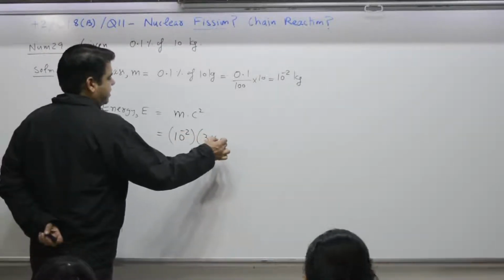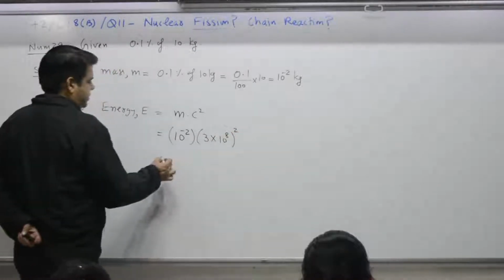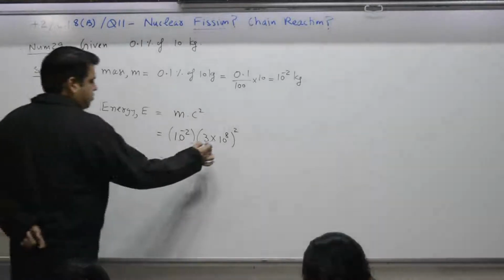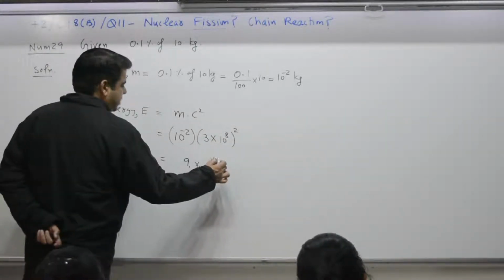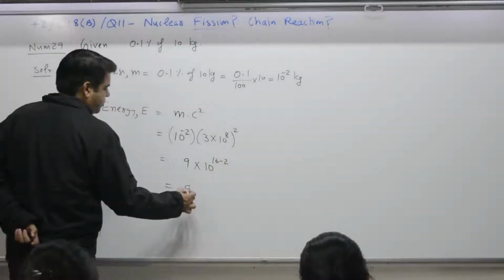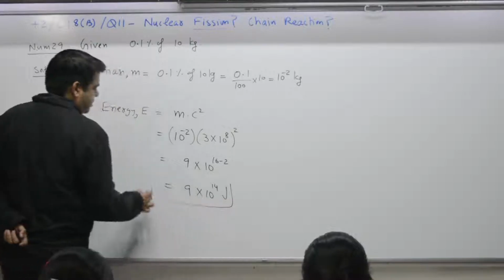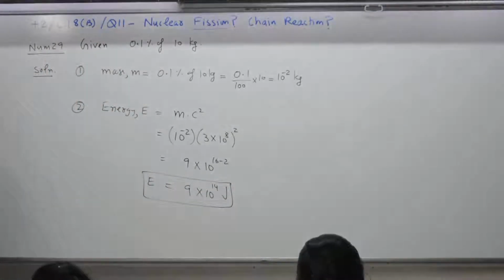Speed of light, 3 into 10 to the power 8 meter per second, SI units. 3 square is 9, 10 raised to power 16 minus 2 comes out to 9 into 10 raised to power 14 joules. So, energy is 9 into 10 to the power 14 joule.